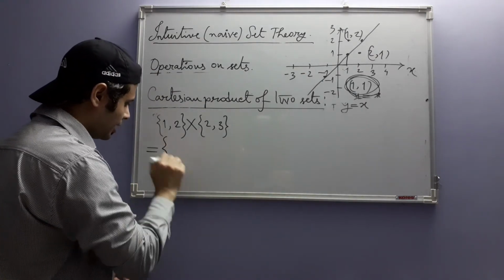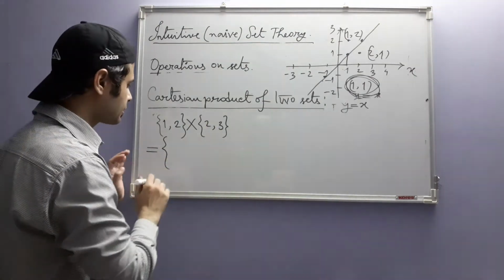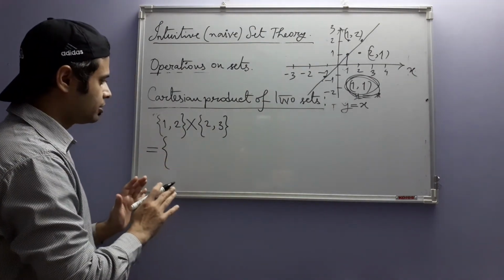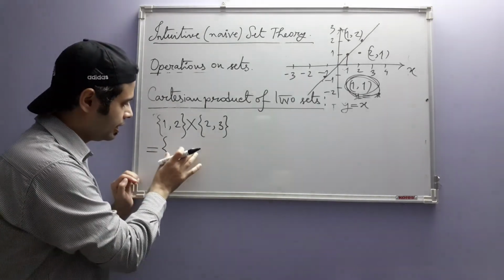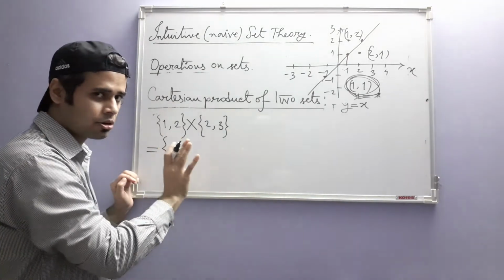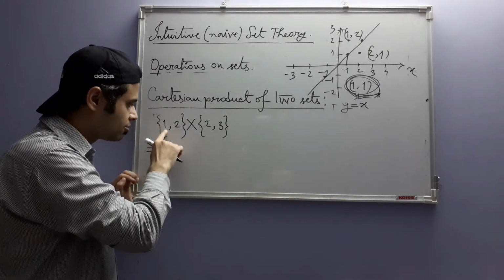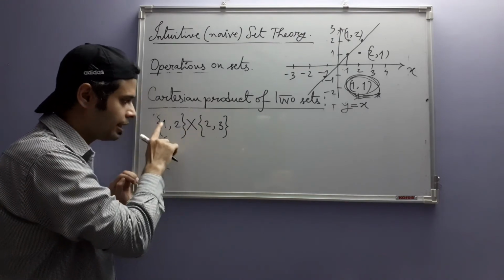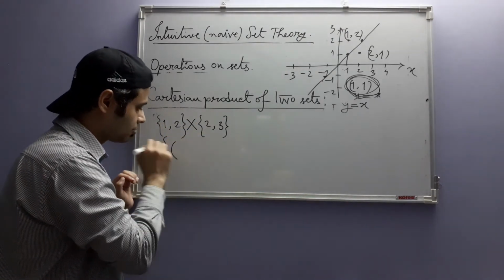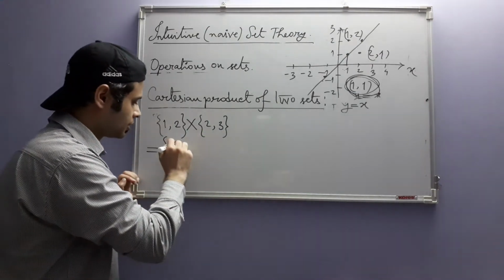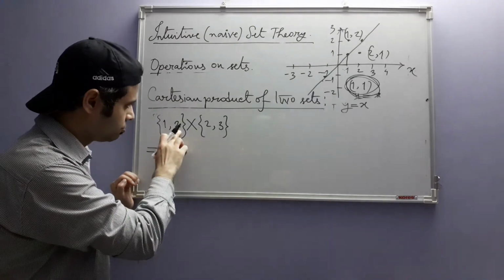So let us come back to earth and calculate this Cartesian product. Okay, according to the definition of Cartesian products, what should I write? My elements are not just ordinary elements, but ordered pairs, where the first coordinate comes from the first set and the second coordinate comes from the second set. So how many of them can we write? The first coordinate can be 1 or 2 because 2 is here.